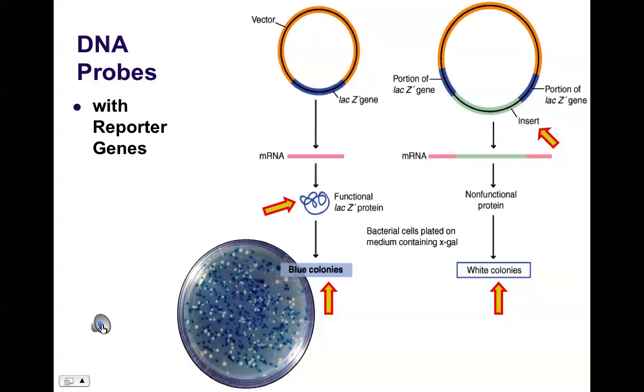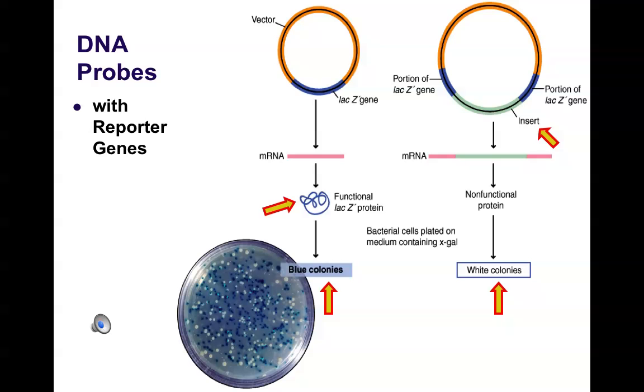Here's an illustration showing how we could use color to distinguish colonies where we can find recombinant DNA. Now, on the original colonies where we have functional genes and functional proteins, the colonies show up as blue. Where we've added extra DNA from our recombinant DNA, we've essentially found that the extra DNA has been inserted into the gene for the LacZ protein production.